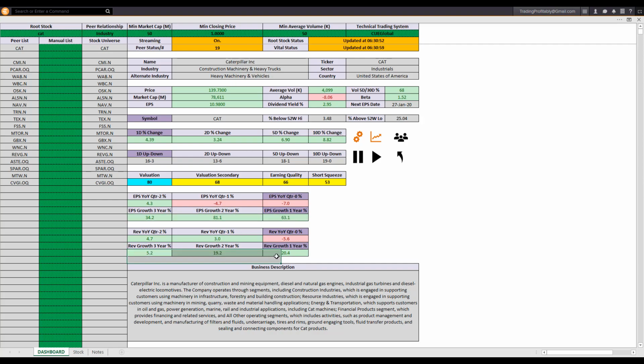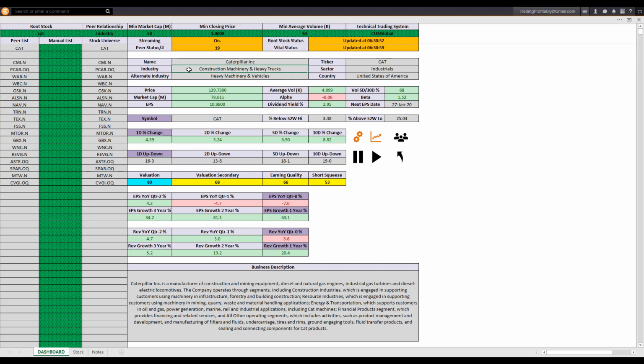It has yearly revenue growth as well. Over 1 day, 2 day, 5 day and 10 days, it is steadily going up. On Friday, out of 19 peer stocks, 16 went up. That is also showing overall bullishness of this industry, construction, machinery and heavy trucks.